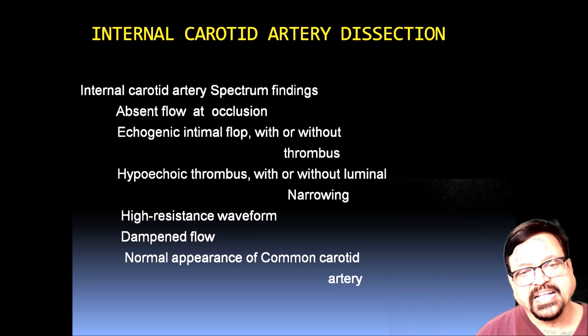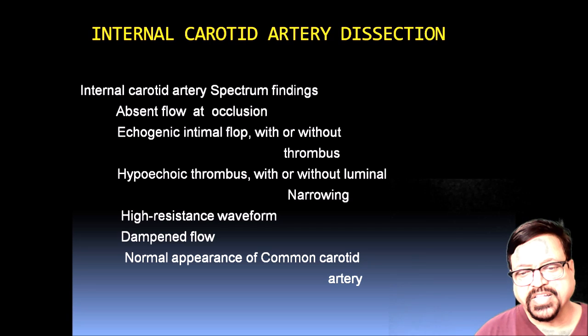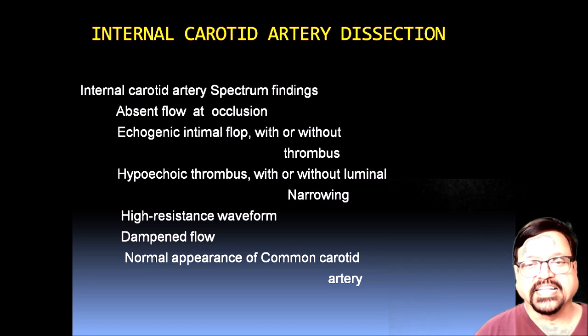Now, internal carotid artery spectrum findings, if it is absent or occluded, then echogenic intimal flap, with or without thrombosis, then hypoechoic thrombosis with or without luminal narrowing, and high resistance waveforms and dampened flow, narrow appearance of the common carotid are a few of the findings we must know when we are reporting the internal carotid dissections.